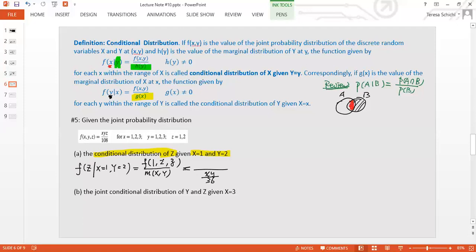Now f of 1, 2, z: x is 1, y is 2, and times z, over 108. So the numerator is 2z over 108, and the denominator is 1 times 2 over 36.